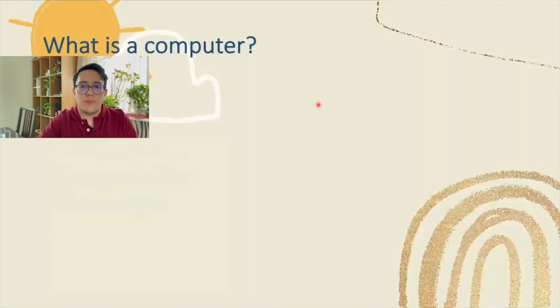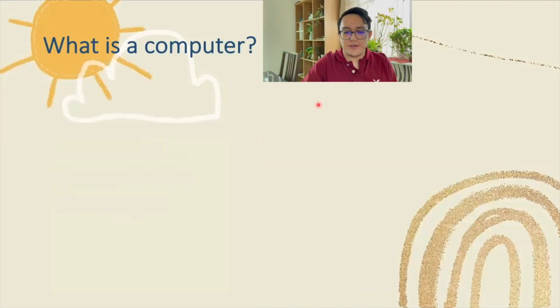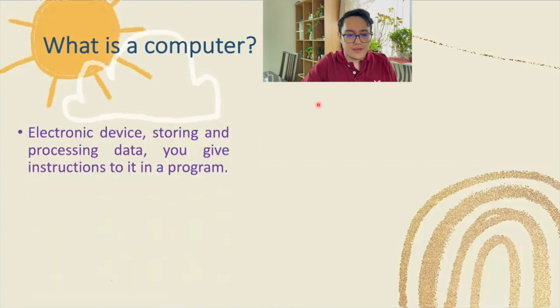What is a computer? Do you know? Can you help me? I don't know. What is a computer? Please help me. So, computer, it's an electric device. It uses electricity to work. Storing and processing data.